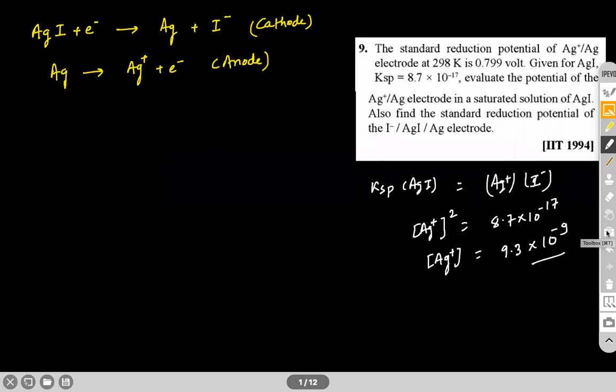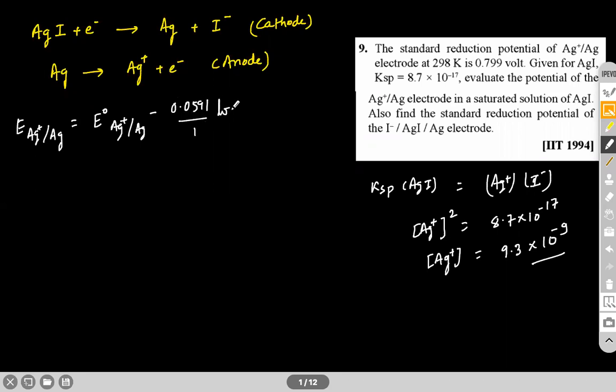Now the standard reduction potential of Ag+ to Ag is given. We need to find out the electrode potential of this. So we can write down the Nernst equation for this, which is E of Ag+ to Ag equals E naught of Ag+ to Ag minus 0.0591 by 1 log of 1 by Ag+.